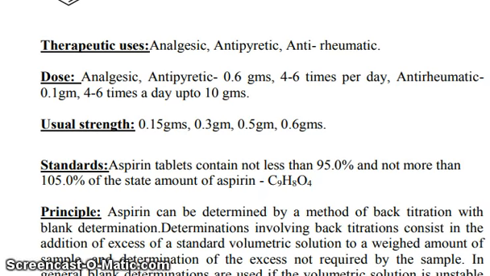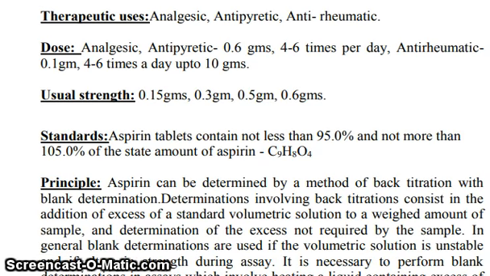Usual strength: 0.15 grams, 0.3 grams, 0.5 grams and so on. What is the standard? Aspirin tablet contains not less than 95.0% and not more than 105 percentage of the stated amount of aspirin.